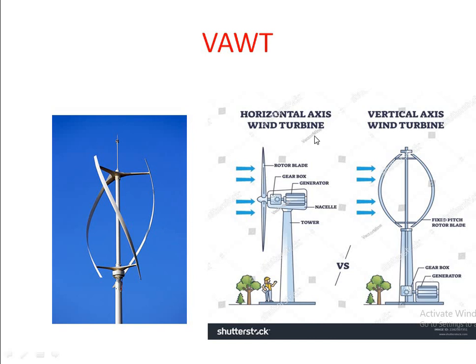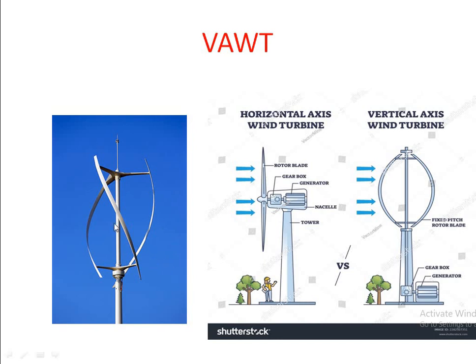The first picture shows the horizontal axis wind turbine and the second the vertical axis wind turbine. Here you can surely see the difference in the diagram, how the rotor blade and rotor axis are located. Here is the vertical and here is the horizontal, and the purpose of both is to produce electricity.